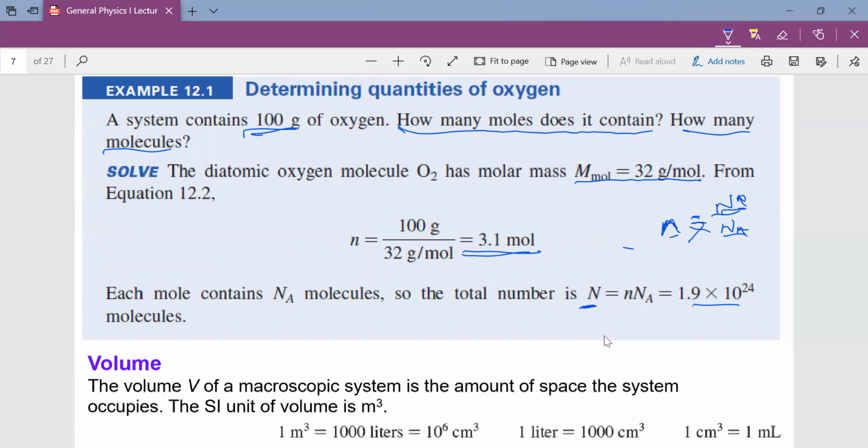So doing that, we just did 3.1 times Avogadro's number, which is 6.02 times 10 raised to power 23, to get this value here.